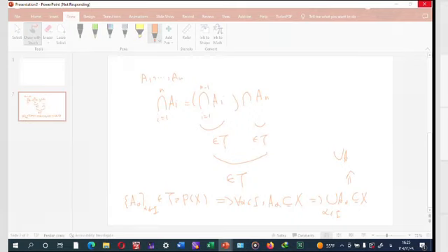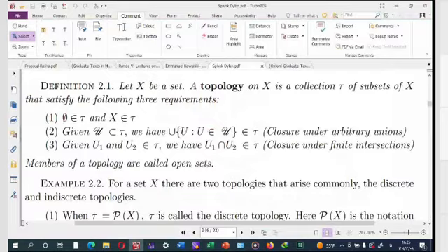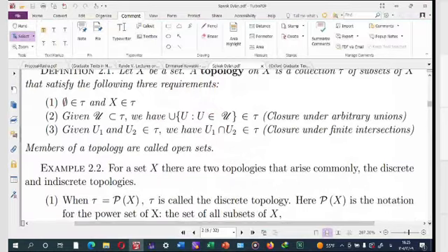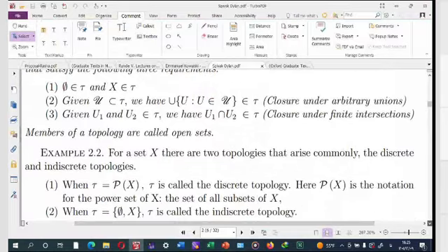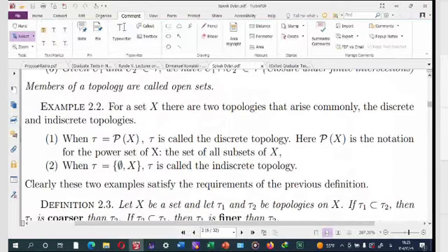It's clear that this union is a subset of X, so this union is an element of P of X. And we see this in example 2.2. For any set X, there are two topologies that arise commonly, the discrete and the indiscrete topology.